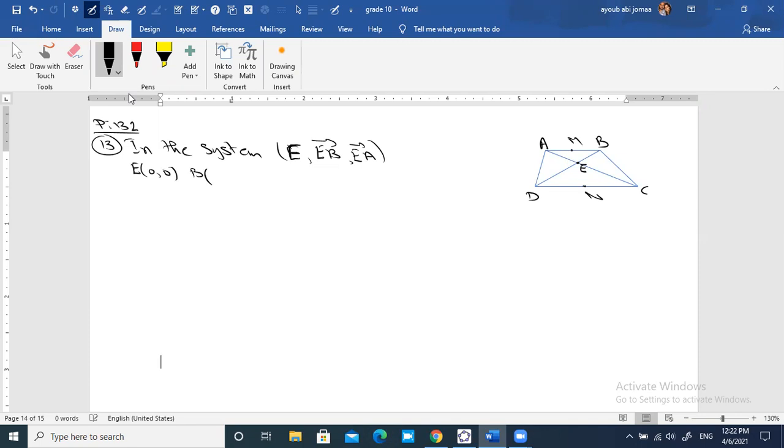What will be the coordinates of point B in the system E, EB, EA?